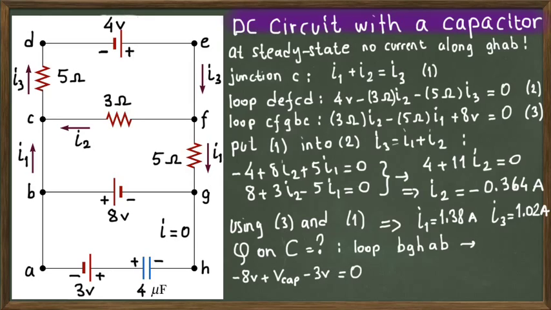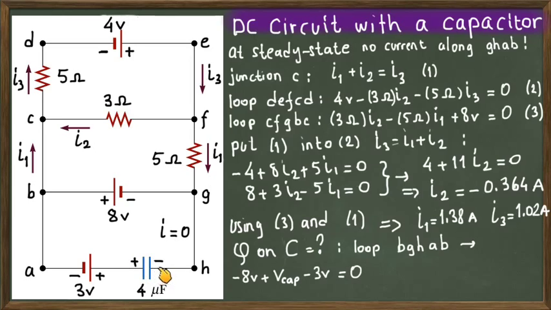If you start from B in this direction, because we have already chosen this clockwise direction for the loop, we are going from the plus side of this battery to the minus, so this is minus 8 volts. Now you are crossing a capacitance, which has one plate at a negative potential and the other plate at a positive potential, because the capacitance is already charged.